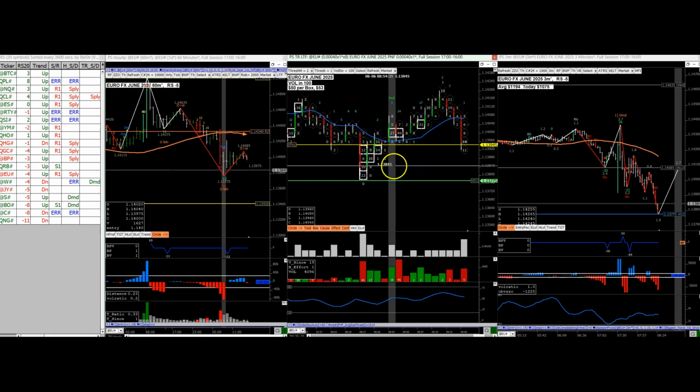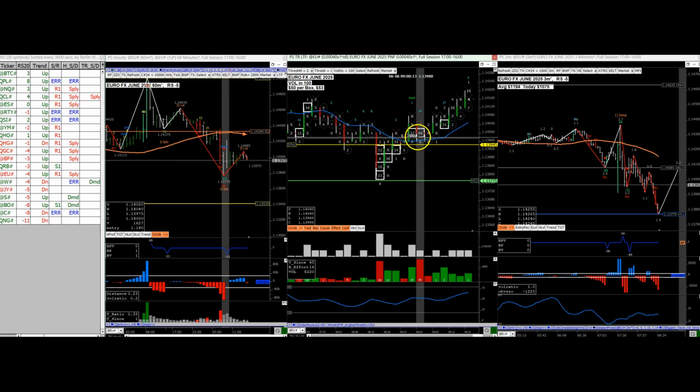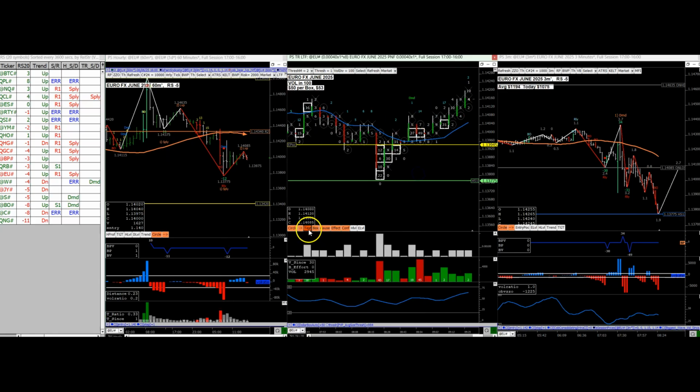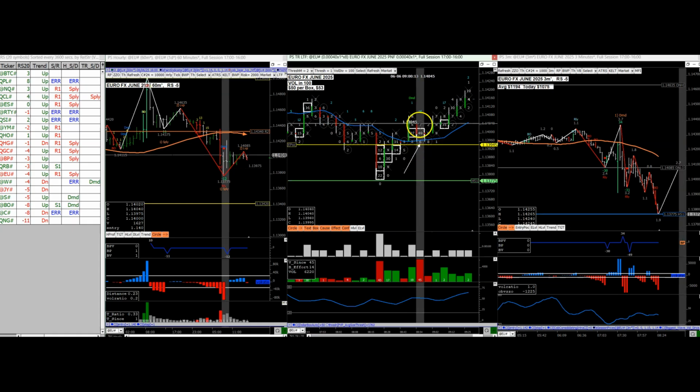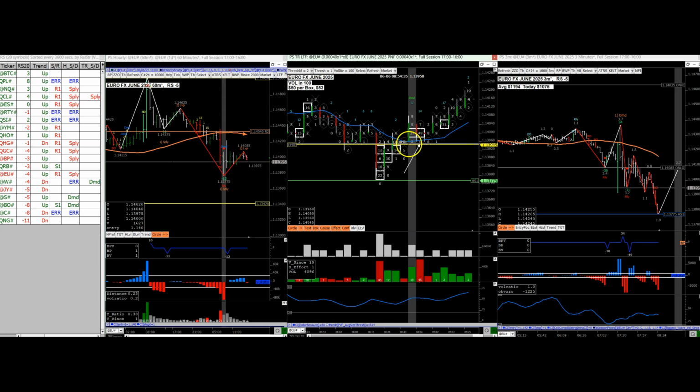In the other situations, probably this one, this is an extreme case, but you can see here that this one is very, very heavy, but it cannot break through.